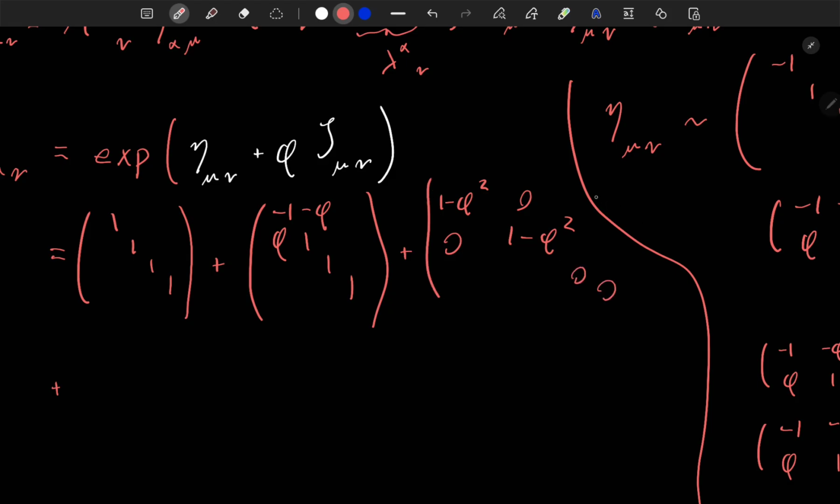It does not go down there. And of course I should have a 1 over 2 factorial there, 1 over 3 factorial there.